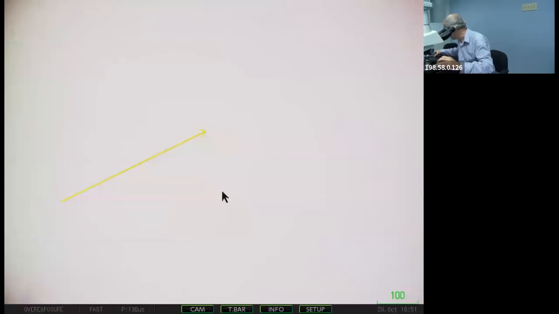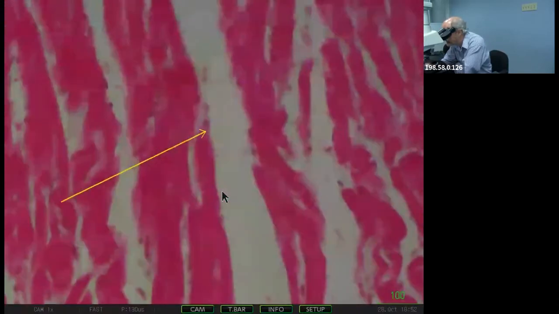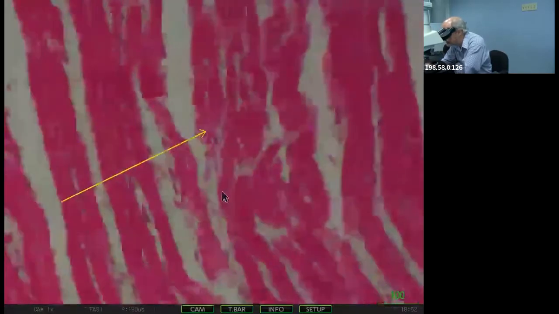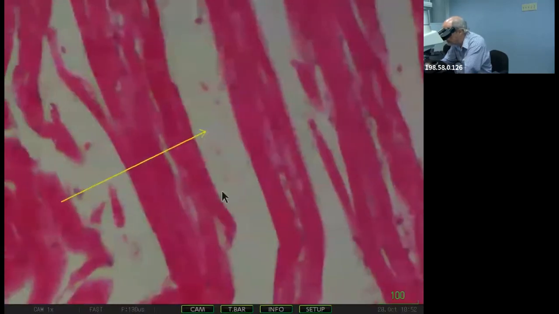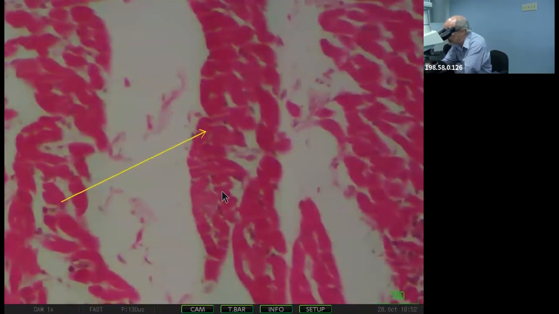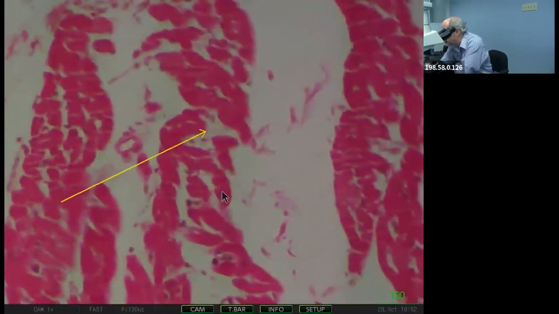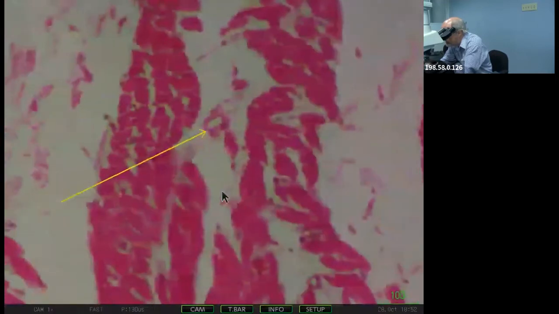Now, the second tissue, your cardiac muscle. Your cardiac muscle, if you look here, is made of smaller muscle fibers, okay? The nucleus, most of the time, is in the center.